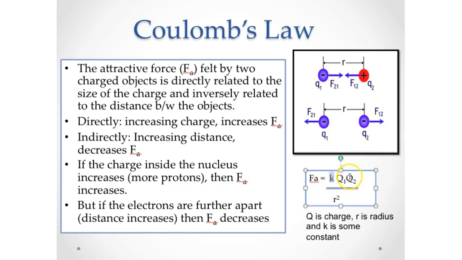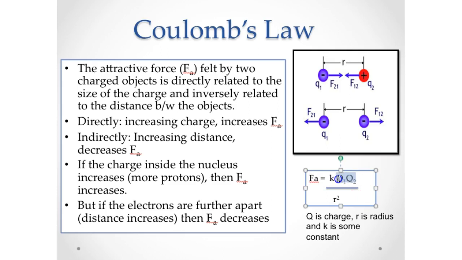But basically, when you have a large charge here and a large charge there, the attraction is going to be stronger. Whenever you increase the numerator, you increase the numerical answer. However, if you increase the distance between two things, then this is going to decrease. So the further away the electrons are, the lower the attraction of the nucleus to those outer electrons.